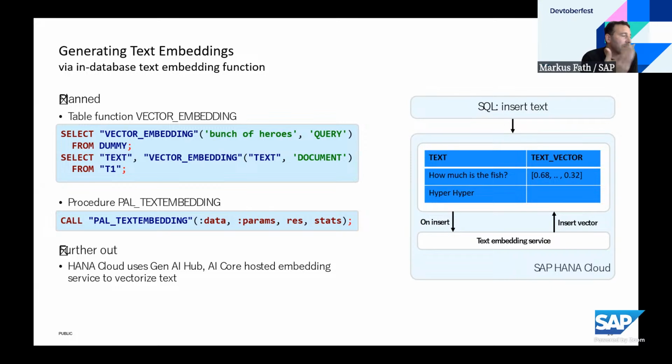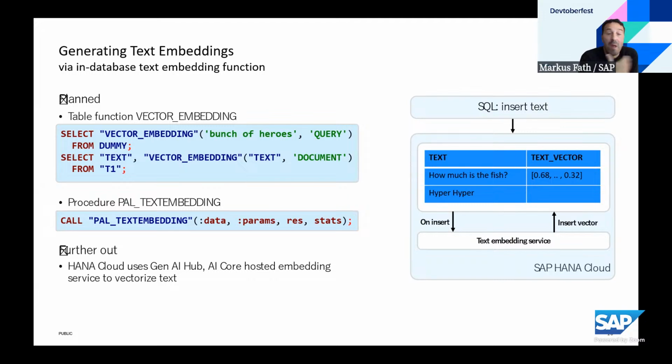One is depicted above via the built-in function vector embedding, which simply takes a string, in this case, bunch of heroes, and converts it to an embedding vector, which can then be used to search in your documents or the corresponding text embedding vectors. This table function vector embedding is the most flexible.